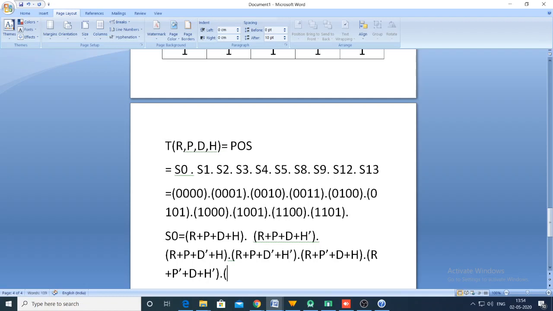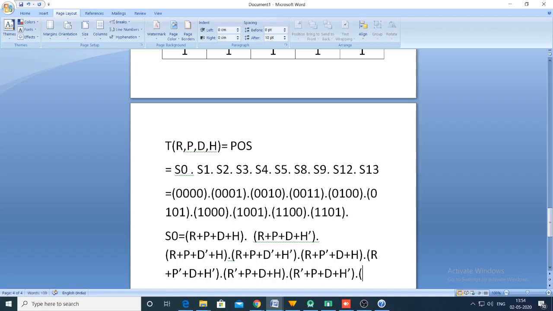R. Now what is that? R bar plus P plus D plus H, and the next one R bar plus P plus D plus H bar.